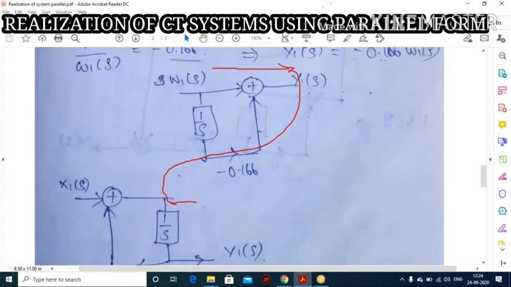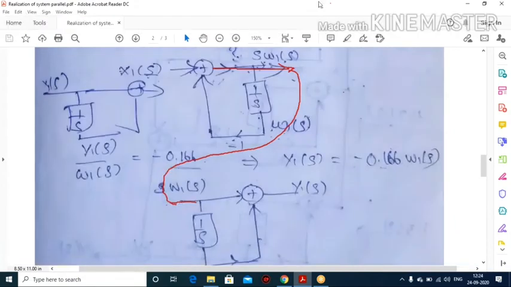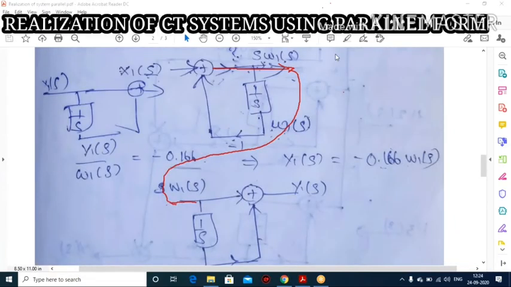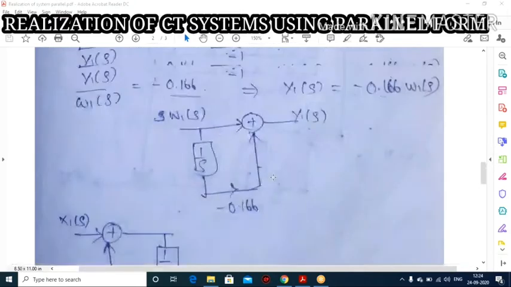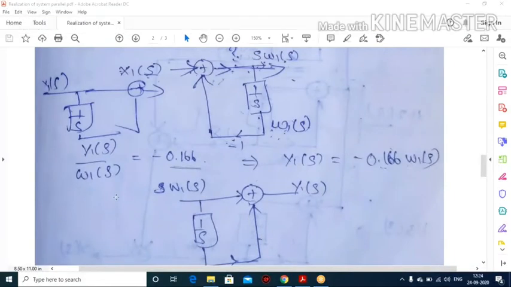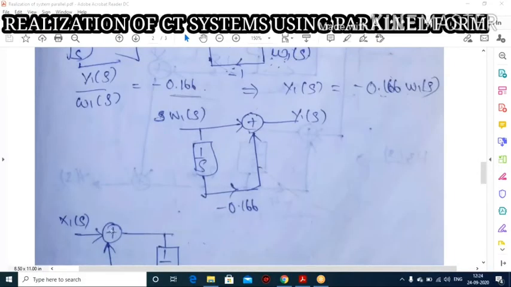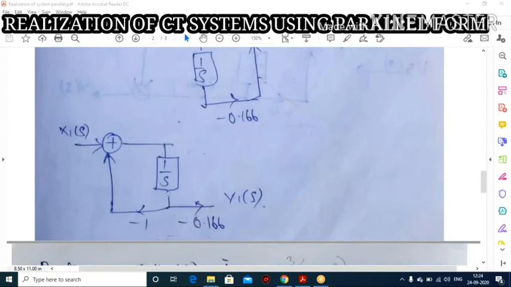So what will happen? One integral block. Here is the 1 by s, so I take 1 by s alone. On the left hand side you have the X1 of s adder block, so I put X1 of s at the adder block. The common point I take down here.